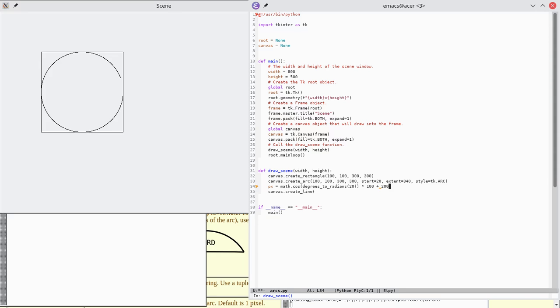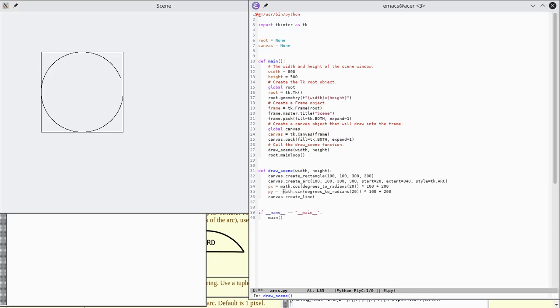So that's the px, and the py equals math.sine degrees to radians 20 times 100 plus, because things are negative, I need to make that a, well, I'll just say minus that, okay? So negative of all of that.